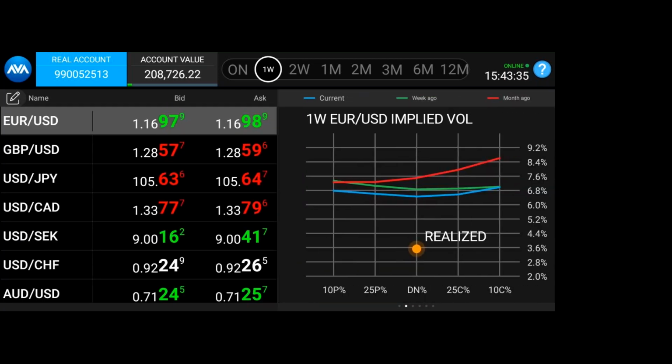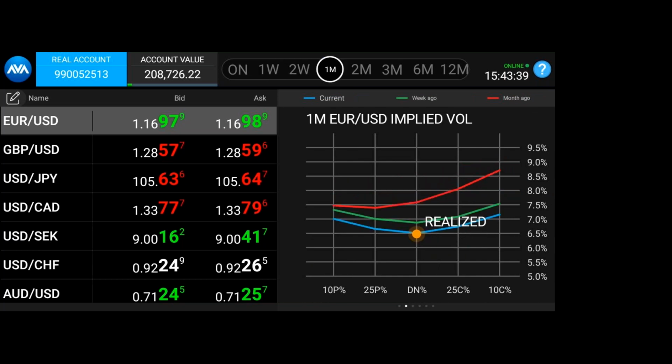If I scroll the right panel, I can see implied volatility information. And I can see where was implied volatility a month ago in red, where was it a week ago in green, and where is it now in blue. And this is showing us that for 1 month options on Eurodollar, in the center, right here, you have what's called the delta neutral straddle vol. So this is the volatility for at the money options.